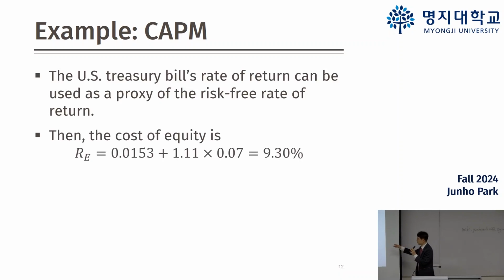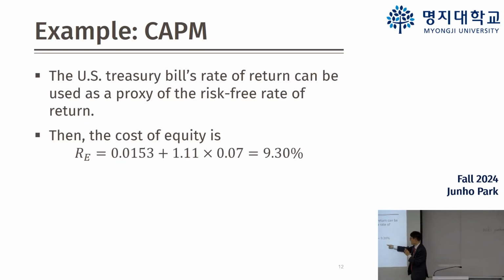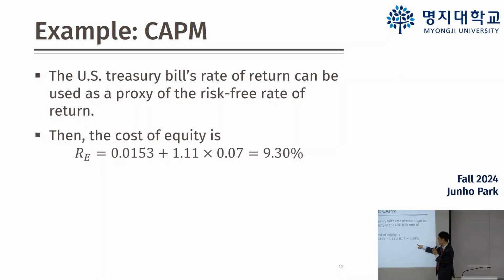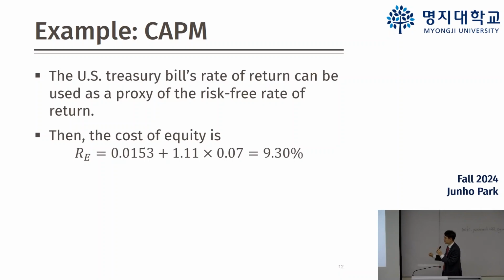In this case, we already have the market risk premium, so we can just use 0.07, and the cost of equity is 0.093, which in percentage scale is 9.3%. So if you know the formula, then the rest is very simple.